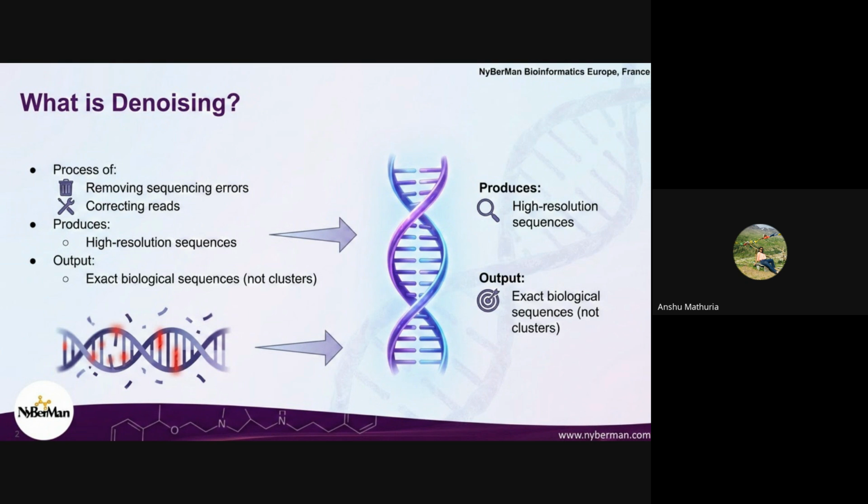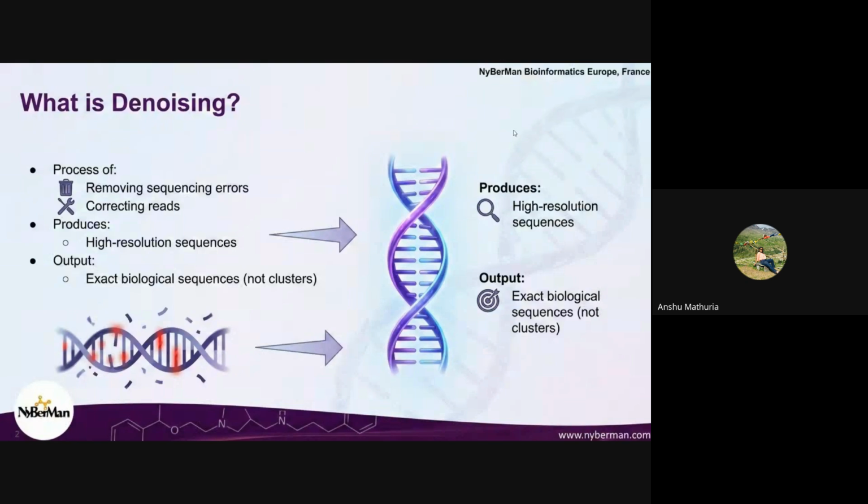So after denoising, instead of getting a clustered sequence, say clustering similar sequences into one and removing the non-similar ones, it will give an exact biological sequence. These high resolution exact biological sequences are called amplicon sequence variants, that is ASVs.